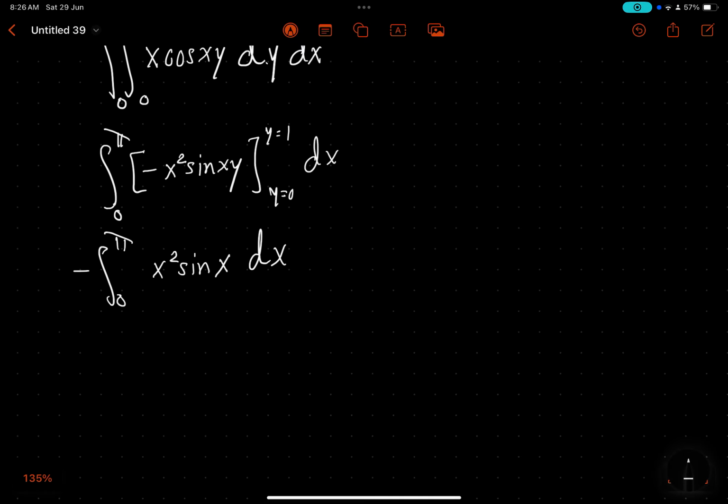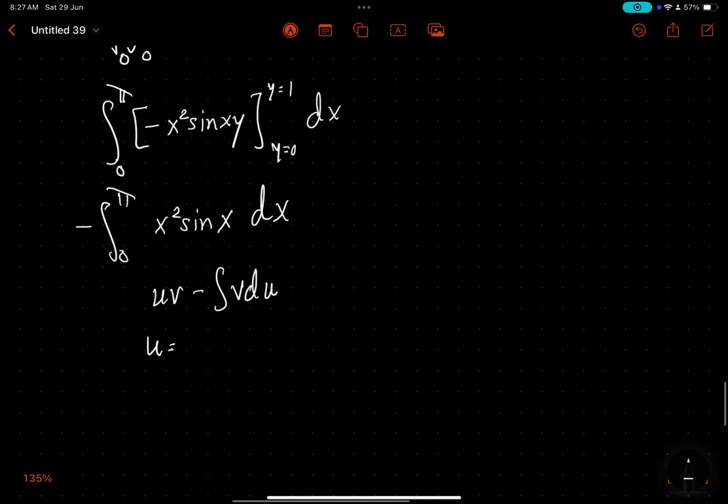So let's integrate by parts: uv minus the integral of v du. Let u equal x squared, so du equals 2x. And dv equals sine of x dx, and then v equals minus cosine of x.